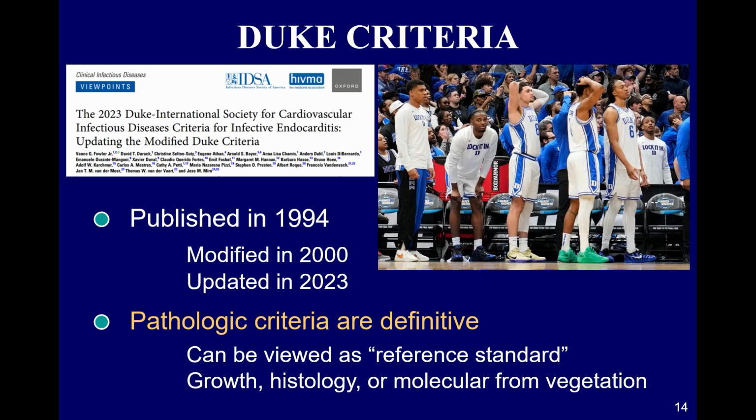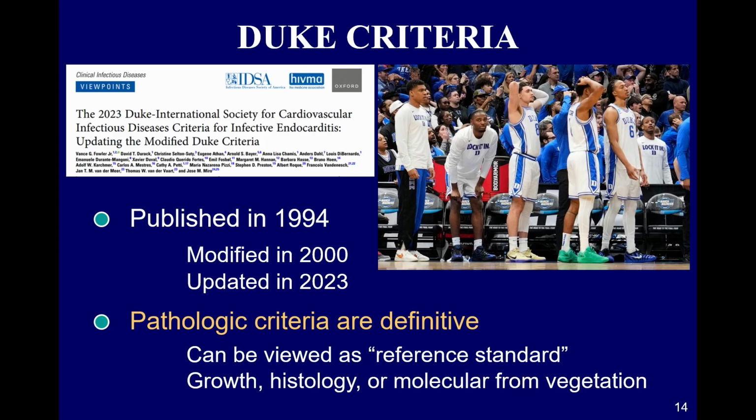So Duke is actually important here in endocarditis because we have what's called the Duke criteria for the diagnosis of endocarditis by cardiologists, infectious disease folks, and so forth. The Duke criteria were published in 1994. It's gone through 2 modifications in the last 3 decades.